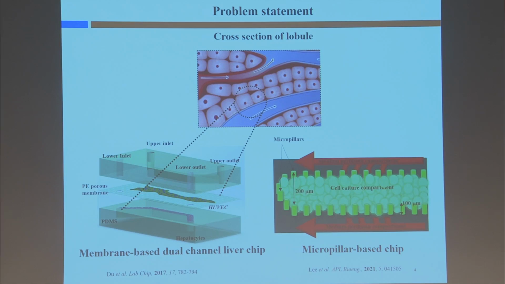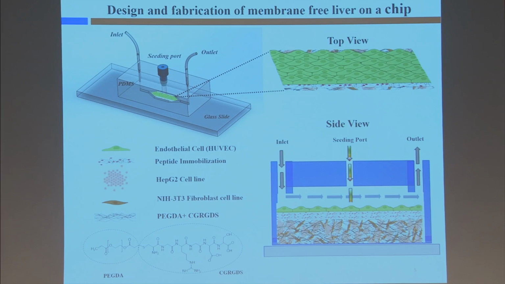So to overcome these challenges, we have designed a single-channel membrane-free liver on a chip, where we have utilized PEGDA hydrogel as an alternative to the membrane, which overcomes all the challenges of the membrane. This PEGDA hydrogel is also modified with the CGRGGS peptide, which is a cell adhesive peptide.